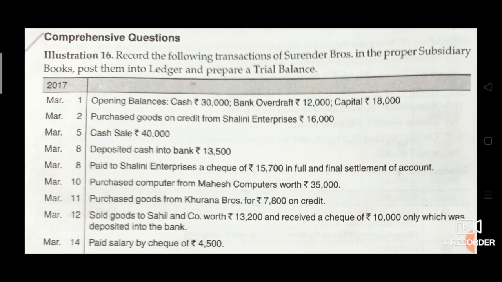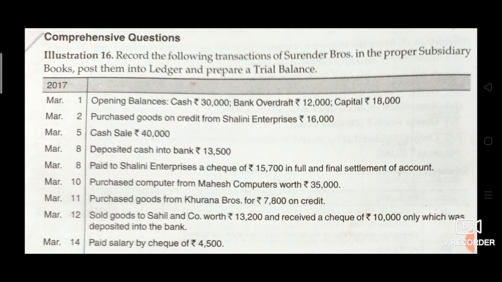So the entry of cash sale will be worth rupees 10,000 and remaining entry will be of credit sale. So the entry of cash sale of rupees 10,000, because 10,000 rupees received from them by check, will be recorded in cash book, and remaining entry of rupees 3,200 is of credit sale.